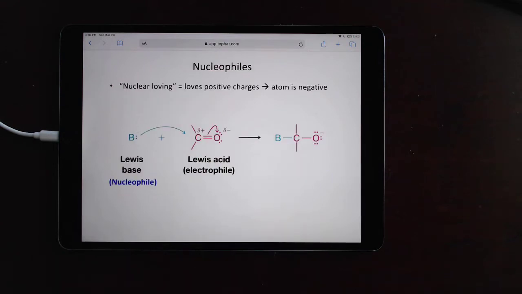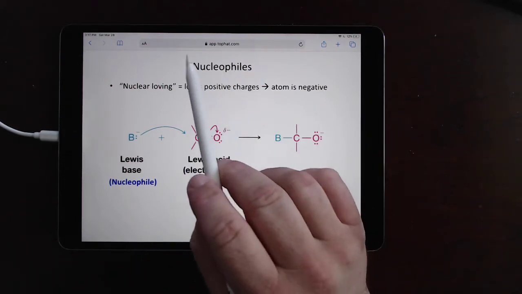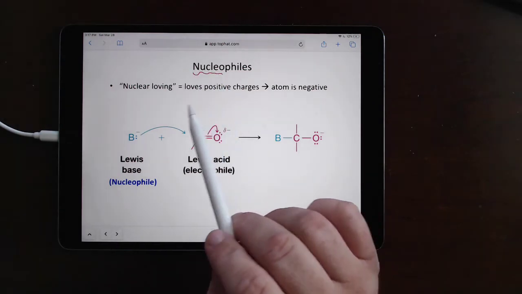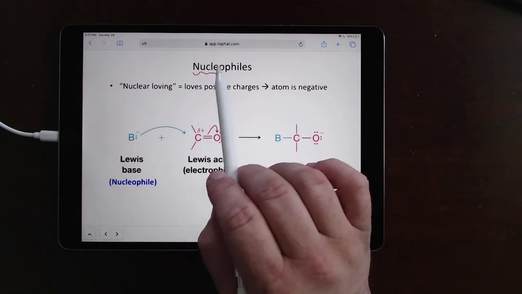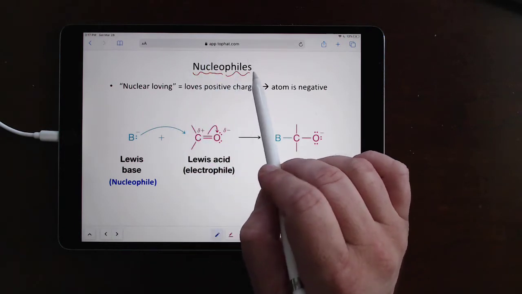Okay, so we're going to use the terminology nucleophile and electrophile quite a bit with this. You sort of have to wrap your head around this kind of weird logic. So nucleo, it's the same root as nuclear, right? It's positive, things that are positive. Phile meaning loving.